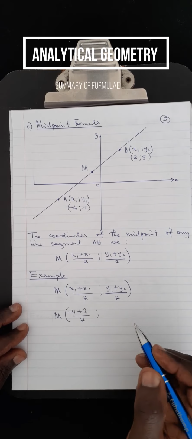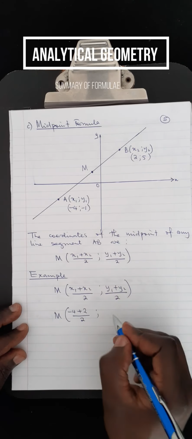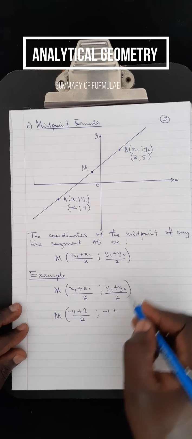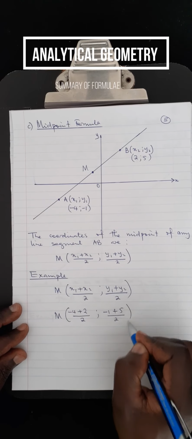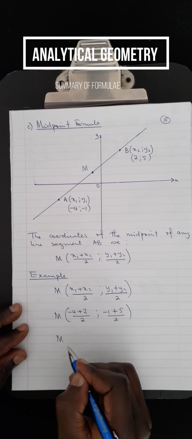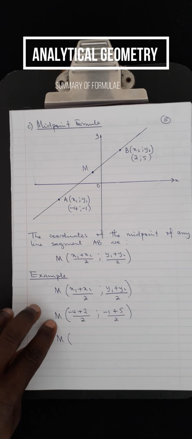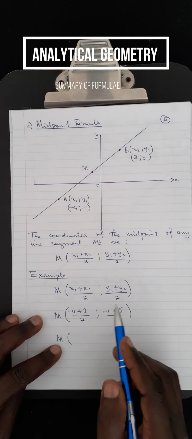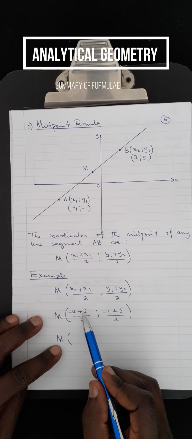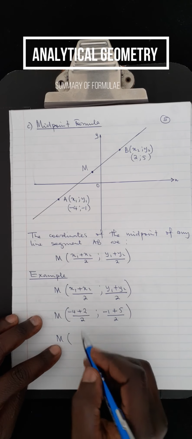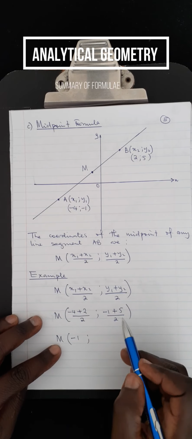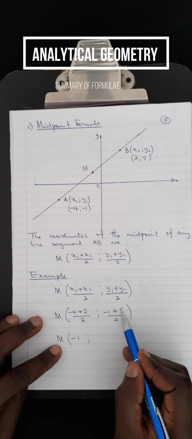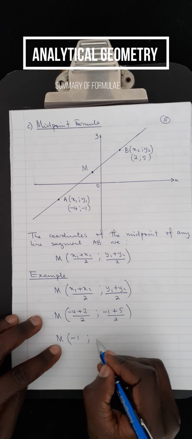And then -1 added to 5, divided by 2. So my coordinates for the midpoint are: -4 plus 2 is -2, divided by 2, gives -1. And -1 plus 5 is 4, divided by 2, we get 2.